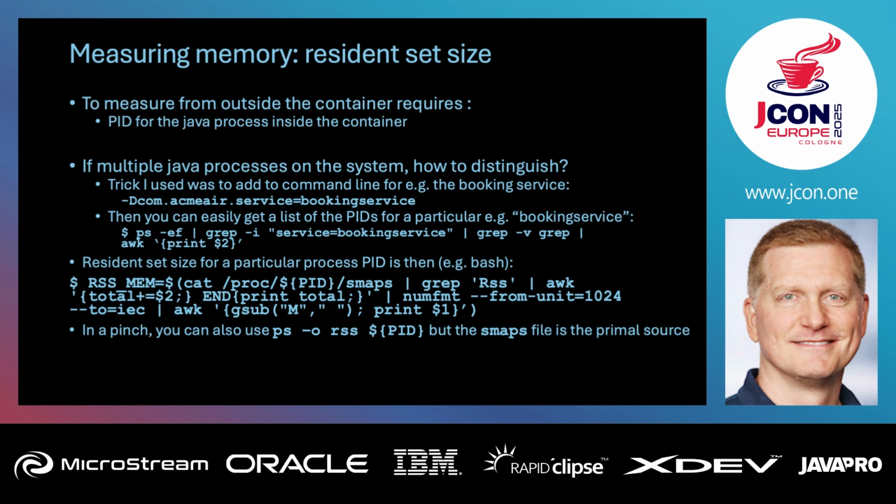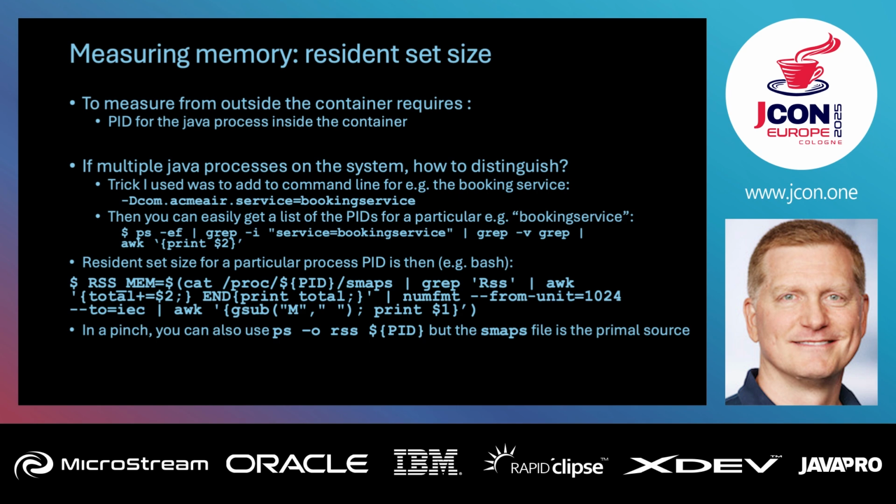Then finally, if you want to get the PIDs that have that booking service, you can obviously use ps, with a lot of ways of using grep to find it, then getting rid of the grep that has this name in it already, and then printing out the actual memory. And if you're on Linux, you can look at the smaps for the PID and pull out the RSS numbers and total them all up.